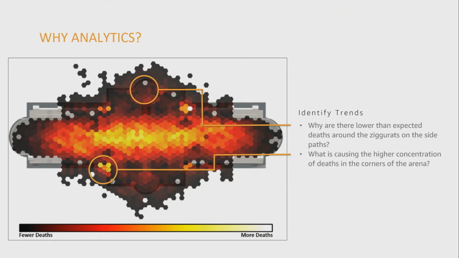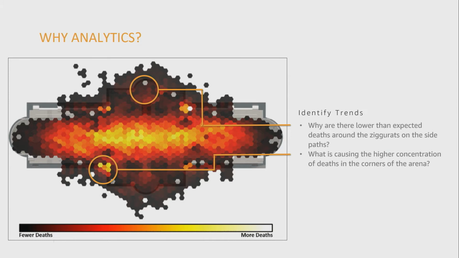Whenever a kill happens in the game, we take the XY coordinates from that event, and then we can plot them back out on an overlay of the level, and end up with a heat map. White and yellow spots mean that more activity is happening in that area, where black means less is happening.